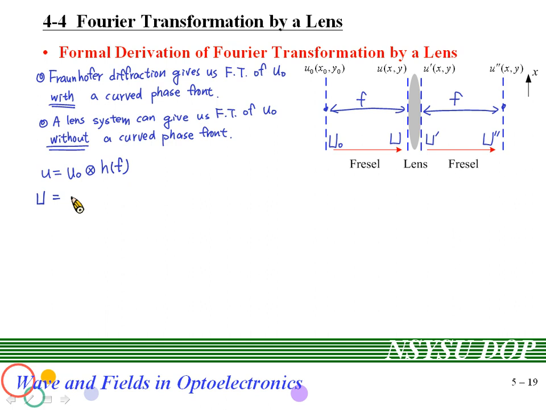So it can be written as the square root of 2 pi times capital U0 times the Fourier transform of the h function. And let me remind you that the Fourier transform of the h function will be the capital H function, which can be written as this one.